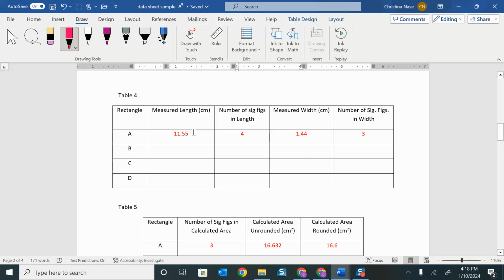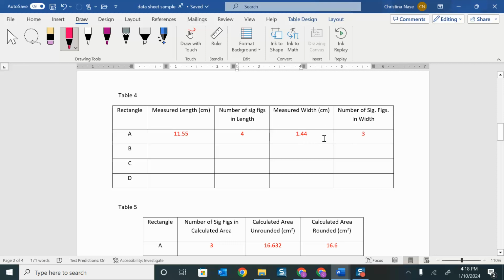That's where I got the 11.55 from. Again, this is the same imaginary rectangle I was using before. You should not have the same numbers for your rectangle A. So I have 4 significant figures in this number, and for the width it was 1.44 using ruler 2. So pretty close to ruler 1, I was just able to approximate an extra decimal place here. And there are 3 significant figures in this number.